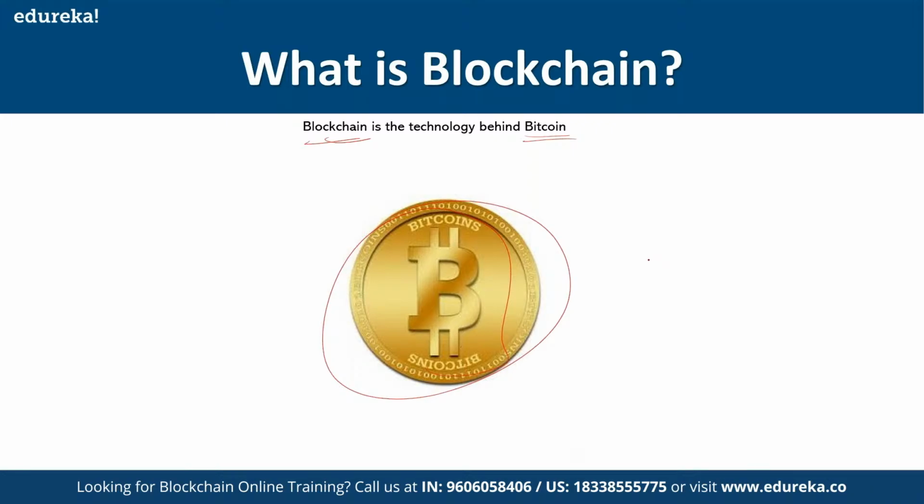You can use that motorbike to travel to your hometown, to go to a grocery shop, or just to roam around the city. You can do multiple things, isn't it? So you cannot simply say that you can use the motorbike only to go to the office. That's how silly it sounds when we say cryptocurrency and blockchain are the same. Blockchain is a technology, and it is behind the cryptocurrency.